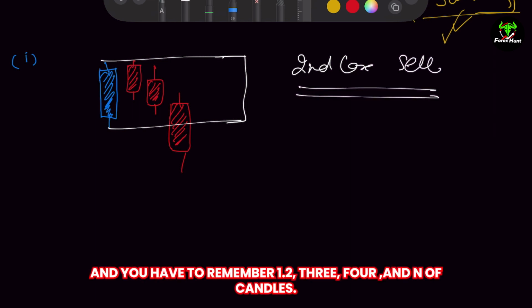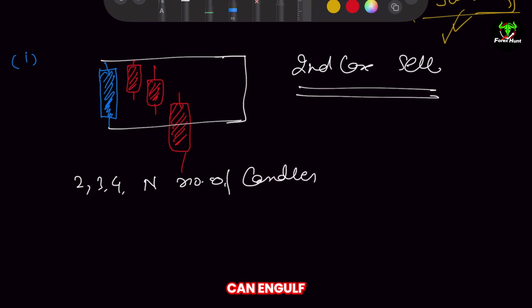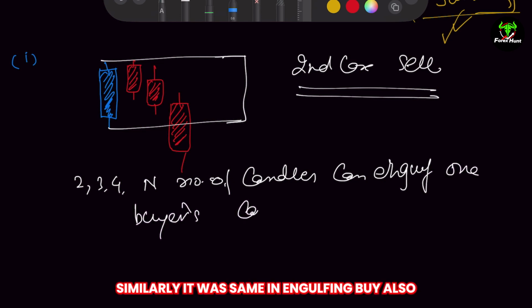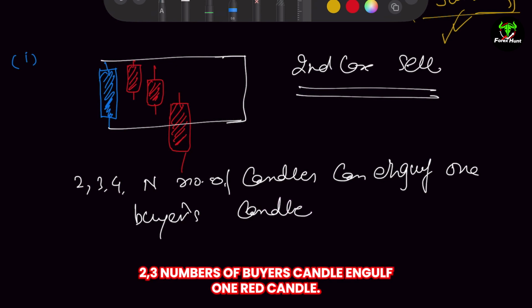You have to remember one point: 2, 3, 4, n number of candles can engulf one buyer's candle. Similarly, it was the same in engulfing buy also. 2, 3 buyer's candles engulf one red candle.